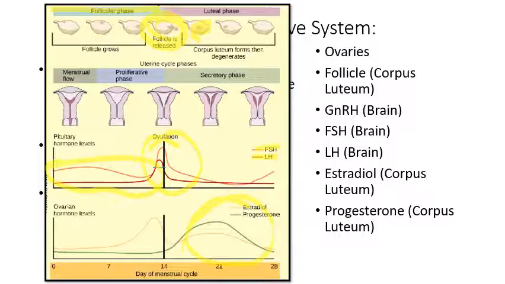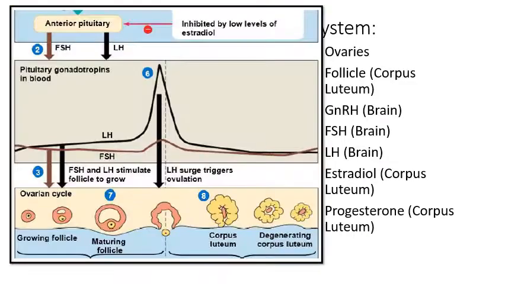Basically, what birth control pills do is they fool the body into thinking that we're in a permanent luteal phase of menstruation.